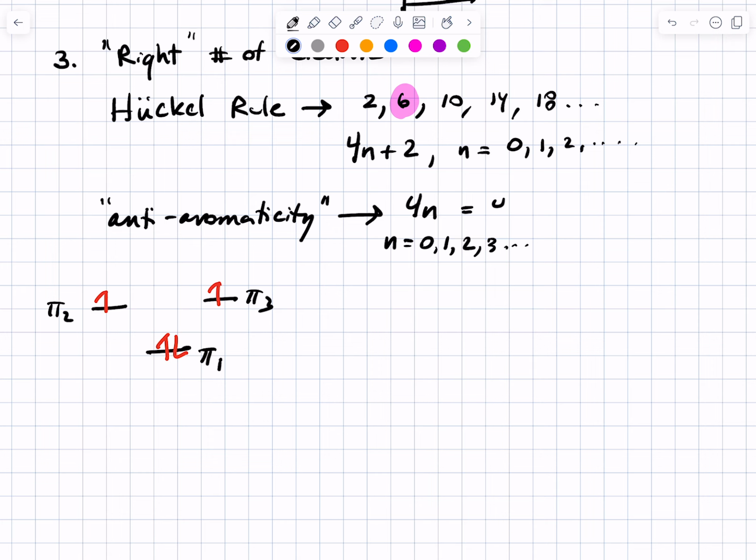In other words, 4, 8, 12, etc. Molecules that are cyclic, planar, fully conjugated, but have the wrong number of electrons are anti-aromatic, and they are especially unstable. I'll give you some examples of that.